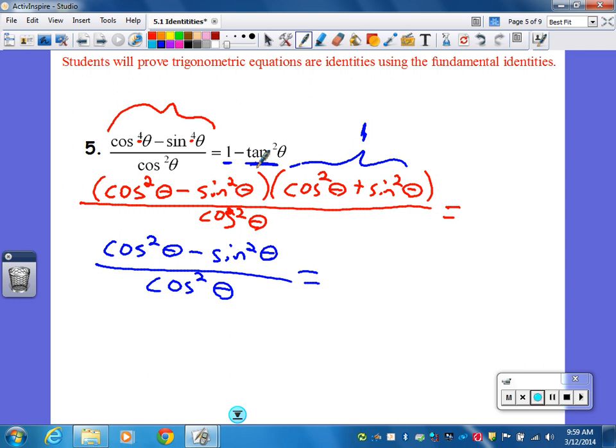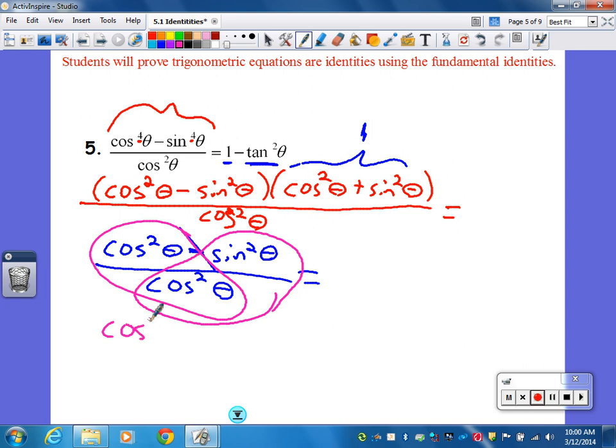So I see I have a negative sign right between my cosine squared and sine squared. Well, I can separate my cosines out, and my sine, cosine out. Okay? So I have cosine squared theta over cosine squared theta minus, remember we're going to keep our sign.